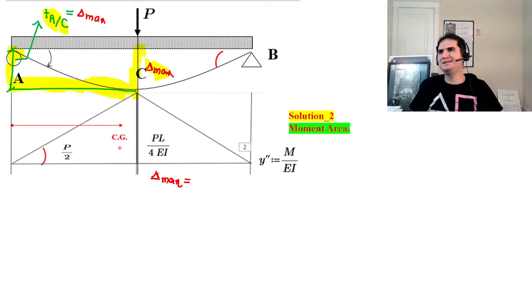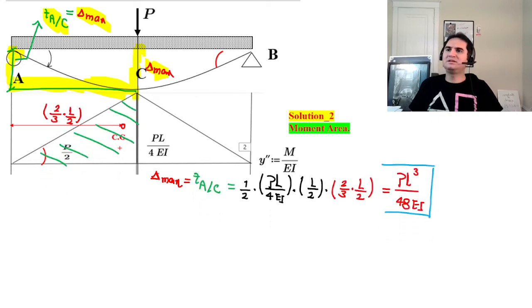So TAC is equal to delta max, and based on the second moment area theorem, delta max is equal to TA with respect to C, which is equal to the area under the moment diagram times the distance to the centroid. So that's the distance from centroid to A. And for a triangle, that's 2/3 of L over 2.